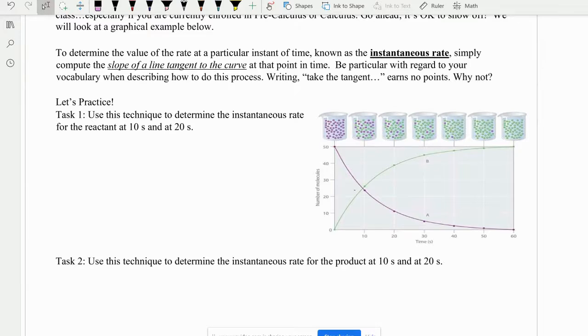You're going to take the slope of a line tangent to the curve at a particular time frame. You want to be particular with regards to your vocabulary when describing this process. If on a test question you were asked to describe how you would take the instantaneous rate, you don't want to just say, take the tangent. That's not going to earn you any points. You need to be explicit and clear that you are going to indeed take the slope of a line tangent to a curve.